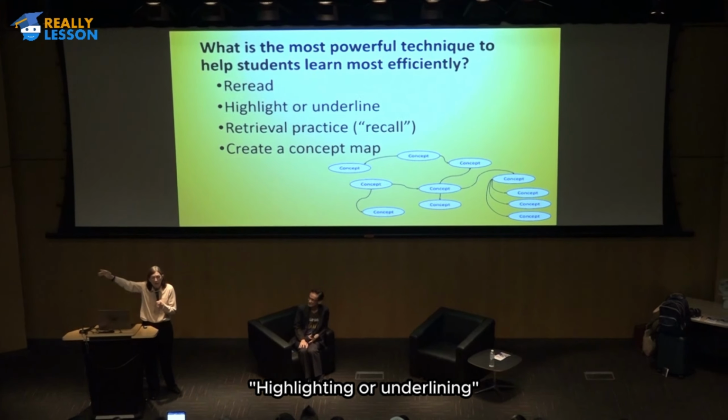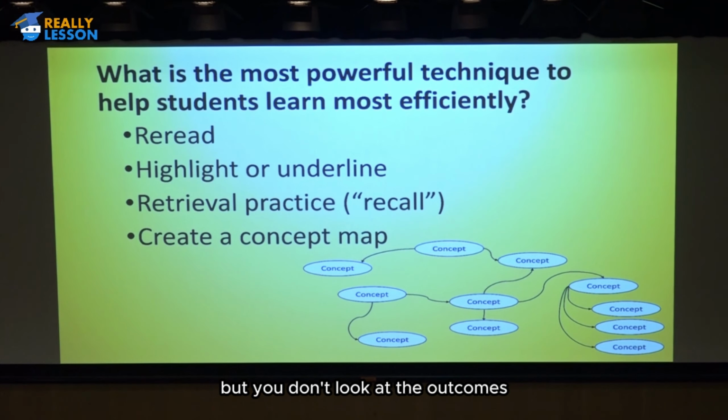Really, the concept mapping people have been so good at getting into educational schools, and no one actually went and checked. See, another of my research areas is in pathologies of altruism. That is, you have good intentions about something, but you don't look at the outcomes.